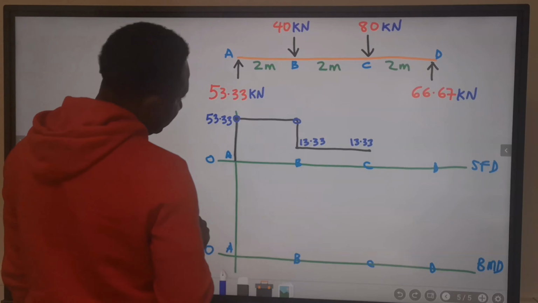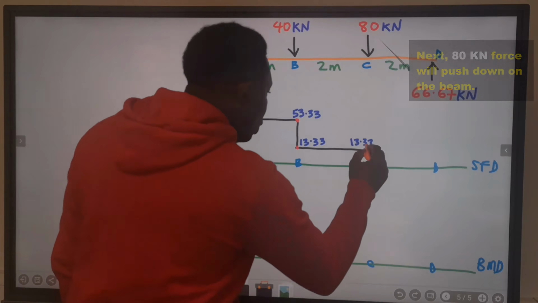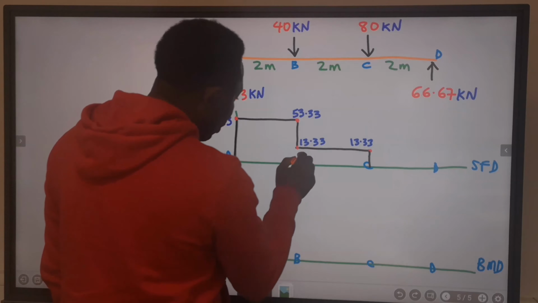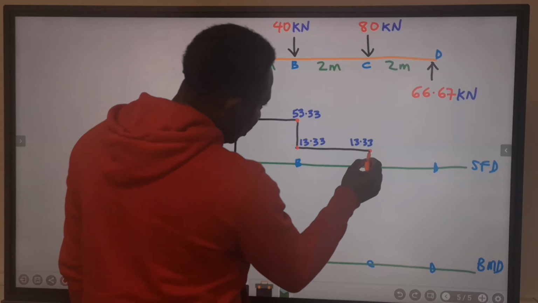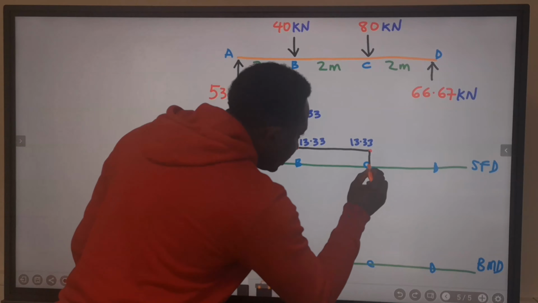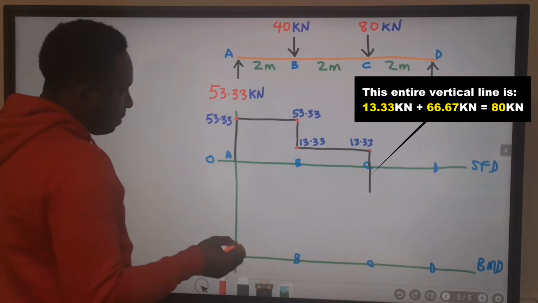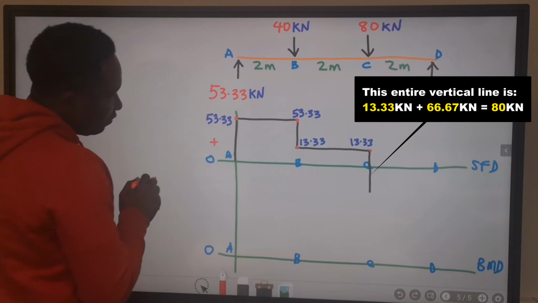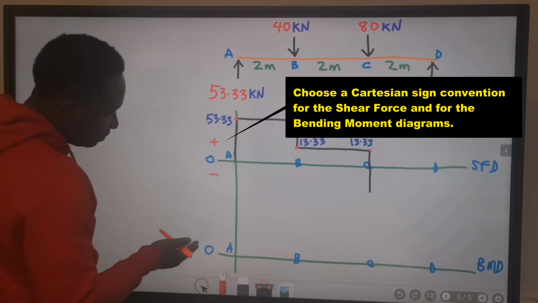Also this point. Next, at this point, 80, we push it down to 13.33. However, 80 minus 13.33 will give you 66.67. Remember, this part is the positive shear force, and anything below is the negative shear force.